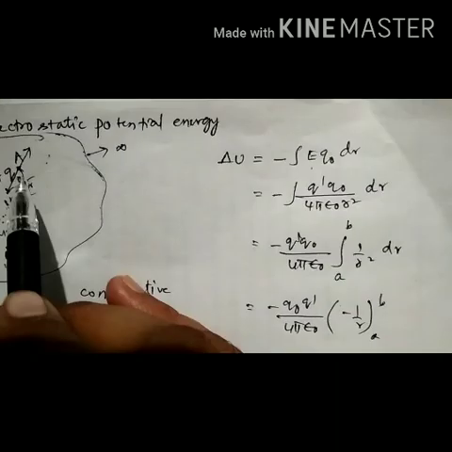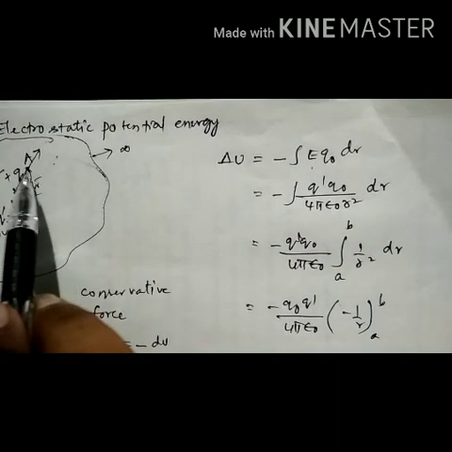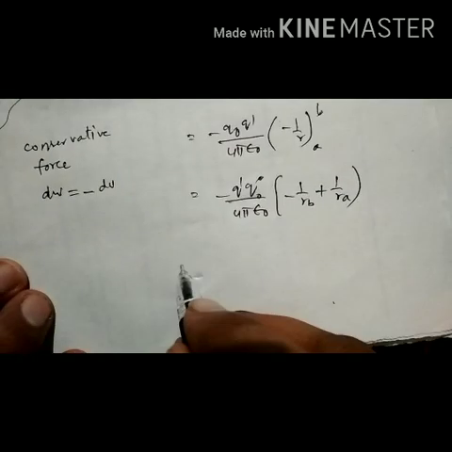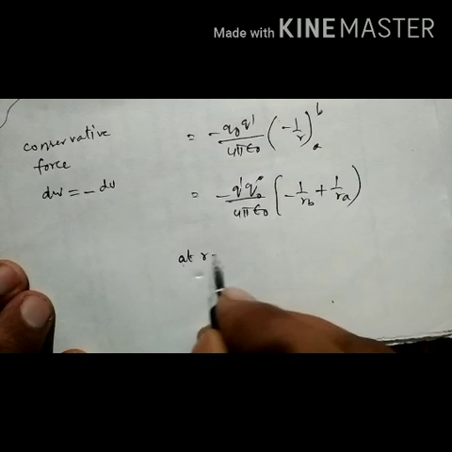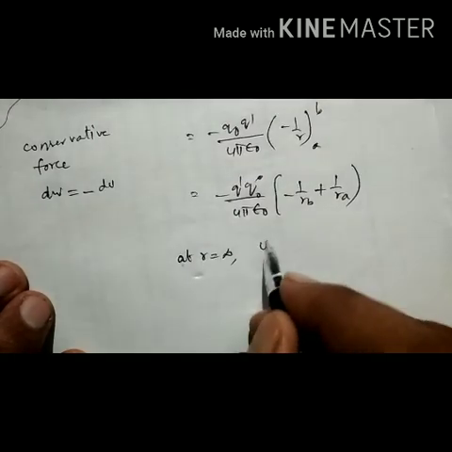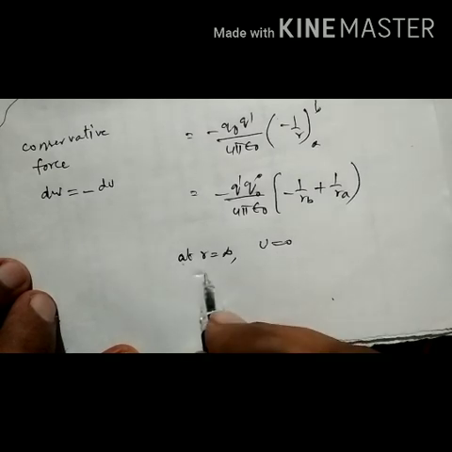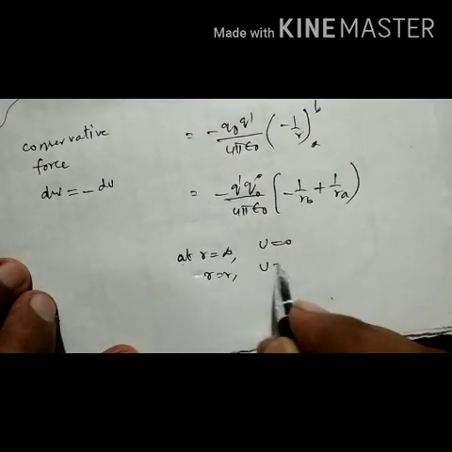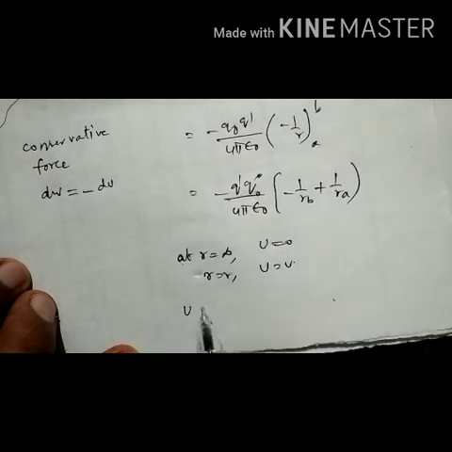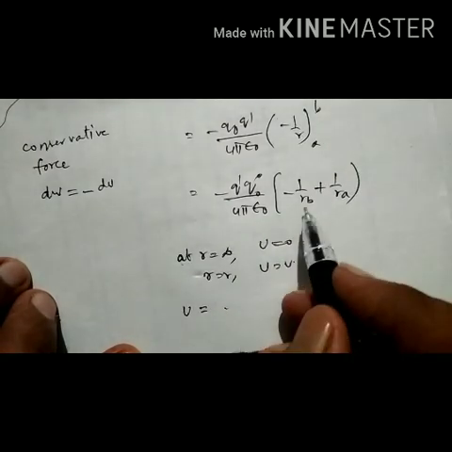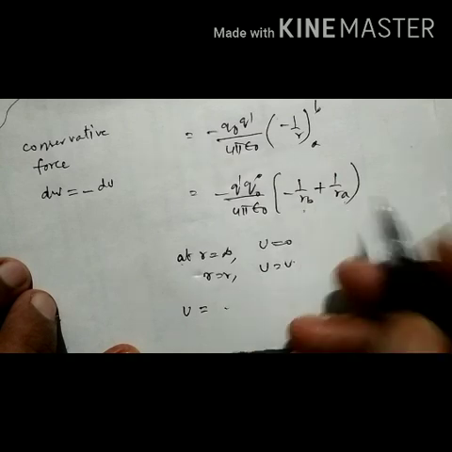For example, if you consider the point A is at infinity, it is outside the field, then potential energy at r equal to infinity, U is equal to 0. So I can write it as r is equal to r, U is equal to U. So U is equal to U minus of minus is plus, rb is at r distance, ra is infinity.